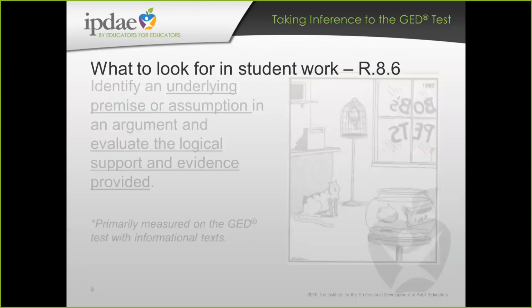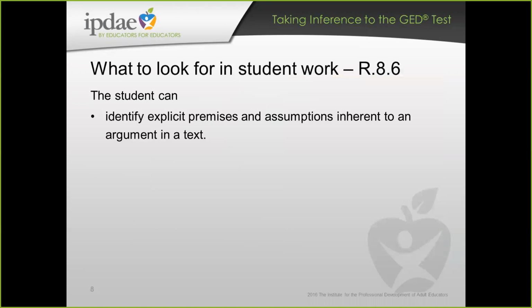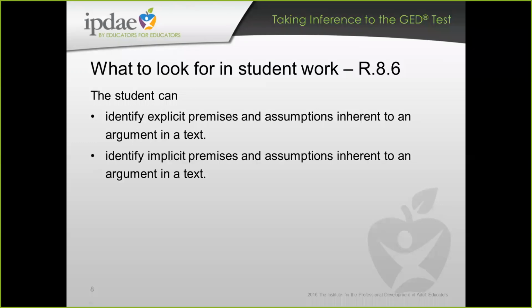You are so correct. And when we're looking at inferences and those indicators from GED Testing Service, we do know that we need to look for certain things in our students' work. We need to make sure that all of our students can identify explicit premises and assumptions that come from an argument in a text. But we also need to make sure that they can identify implicit premises and assumptions.